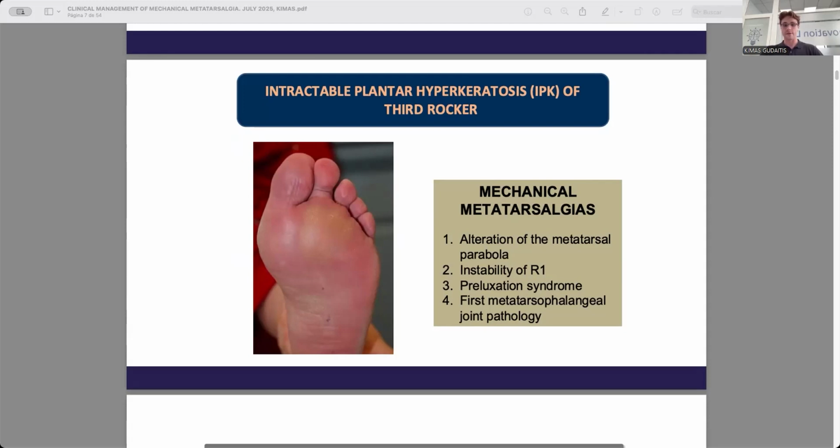We normally see this type of dermal pattern in patients with an alteration of the metatarsal parabola, like the index minus, or instability of the first ray due to low dorsiflexion stiffness. This is what we used to call first ray hypermobility. This kind of instability causes the load during the second and third rocker phase to transfer to the second metatarsal. We also find this pattern in patients with first MTP joint problems like hallux rigidus or hallux abducto valgus.